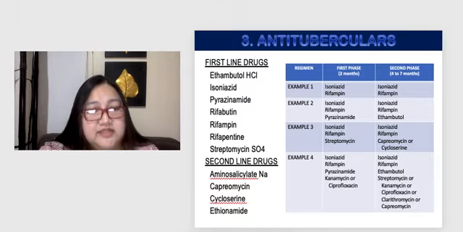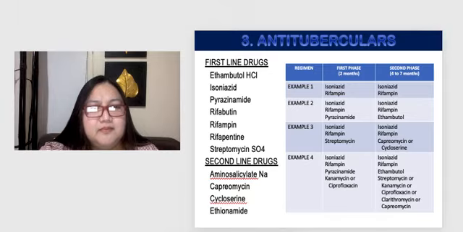Ang isoniazid, given with pyridoxine or vitamin B6. It is best to be given with a vitamin B6 to prevent peripheral neuropathy. Kasi minsan, yung mga patient, pag natitake ng INH, nakakaramdam ng tingling sensations sa kamay at paa.